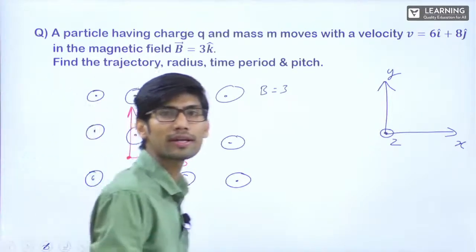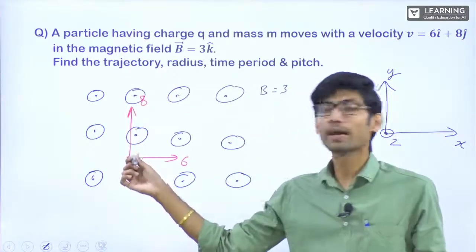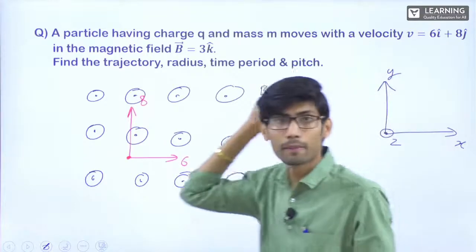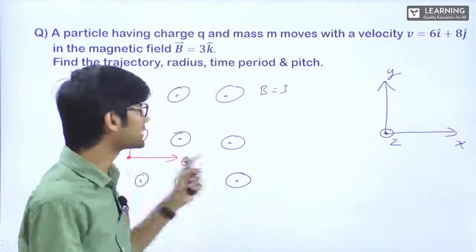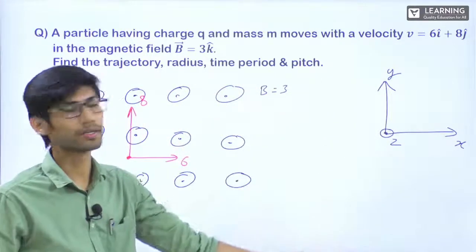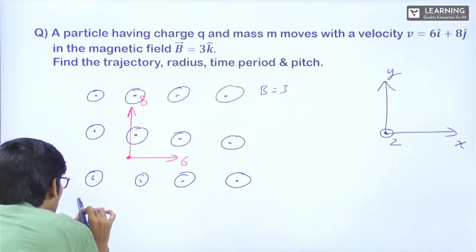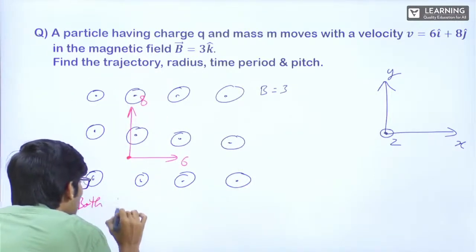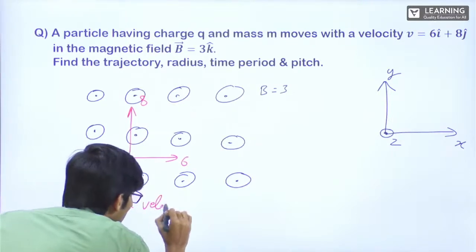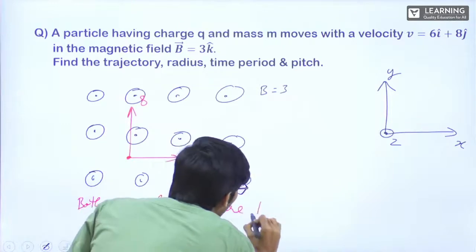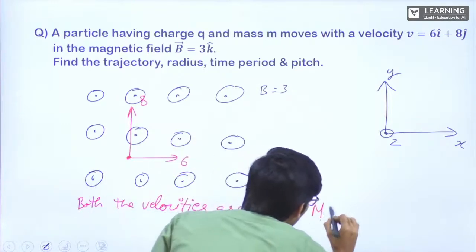Both the velocities are 90 degrees from the magnetic field. The velocities are in the xy plane, the magnetic field is in the z direction. Both the velocities are perpendicular to the magnetic field.